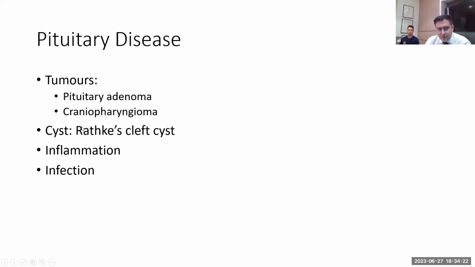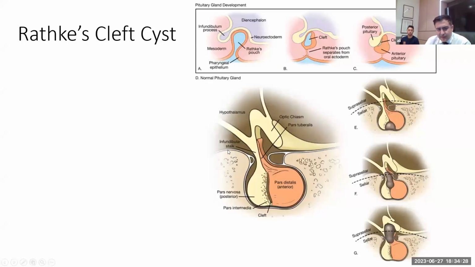And we have also this entity, which is a cystic lesion called Rathke's cleft cyst, which is epidemiologically relevant because as the anterior and posterior pituitary come to meet each other, there is a little bit of the Rathke's pouch, which is, for the lack of a better word, a bit of tissue from the back of the pharynx that comes and gets entrapped between the evolving anterior and posterior pituitary, and sometimes it can create a benign cyst, and we see it very commonly in neurosurgical practice.